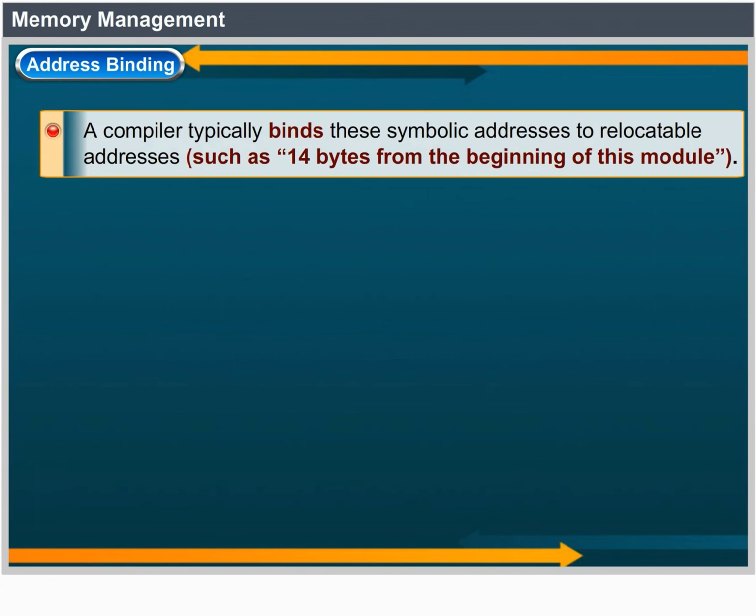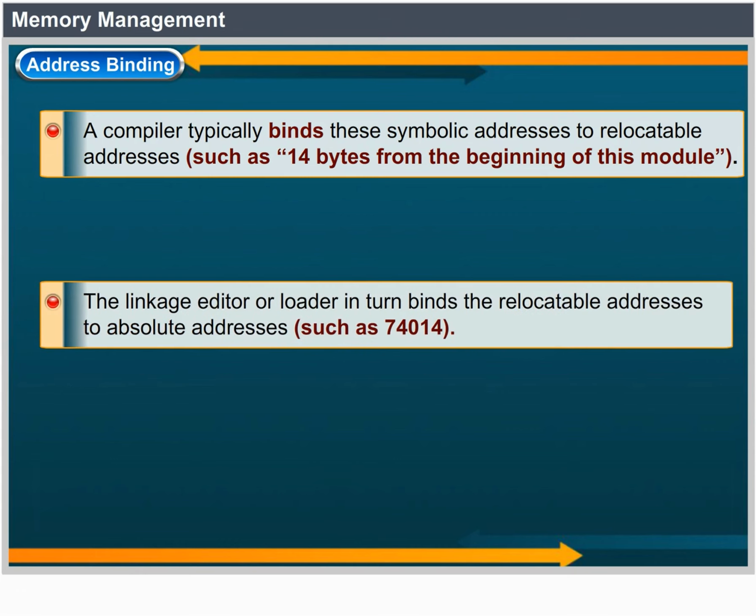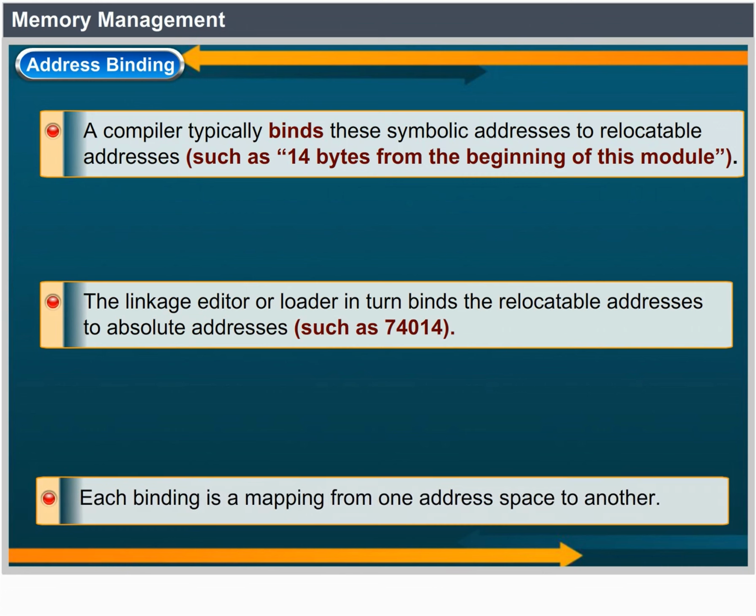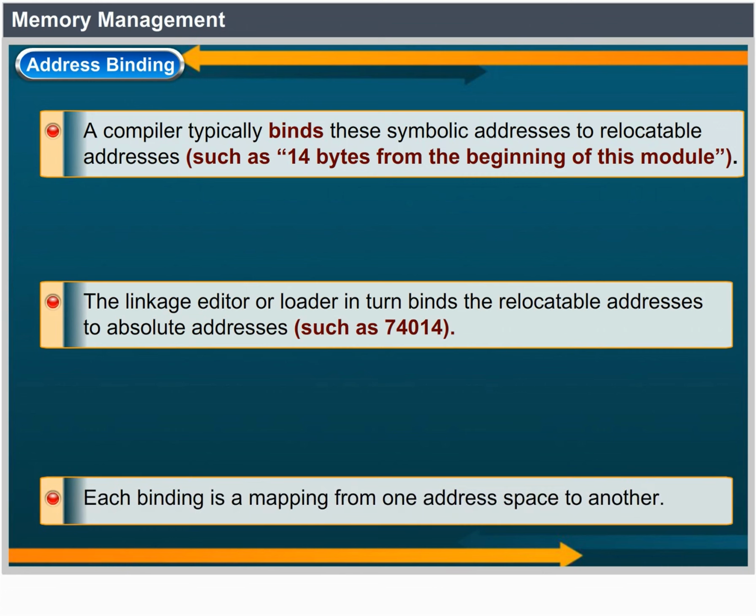A compiler typically binds these symbolic addresses to relocatable addresses, such as 14 bytes from the beginning of this module. The linkage editor or loader in turn binds the relocatable addresses to absolute addresses, such as 74014. Each binding is a mapping from one address space to another.